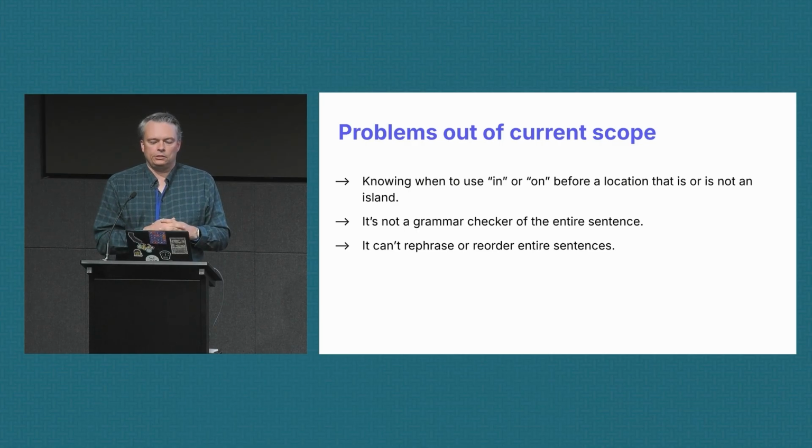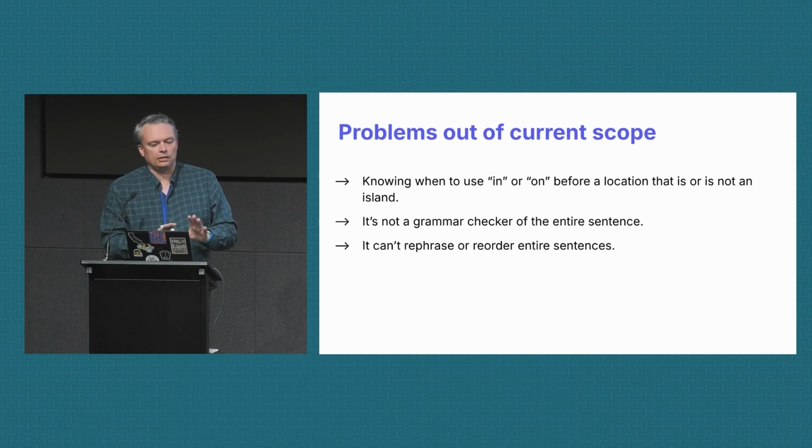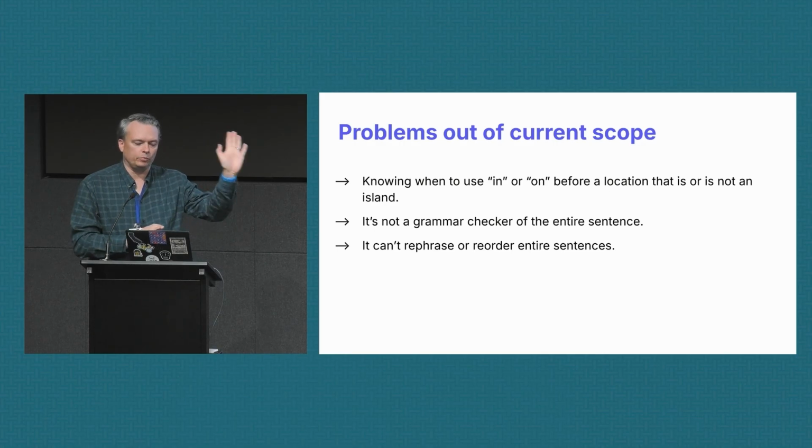The question is, if there is a business, is it on Rhodes or is it in Rhodes? The question varies because I may say it's on an island or in a city. The thing is that Rhodes is both a city and an island, and it depends on what you're talking about. That's an example where it's out of scope. We do not touch that kind of topic. That's a higher level problem.